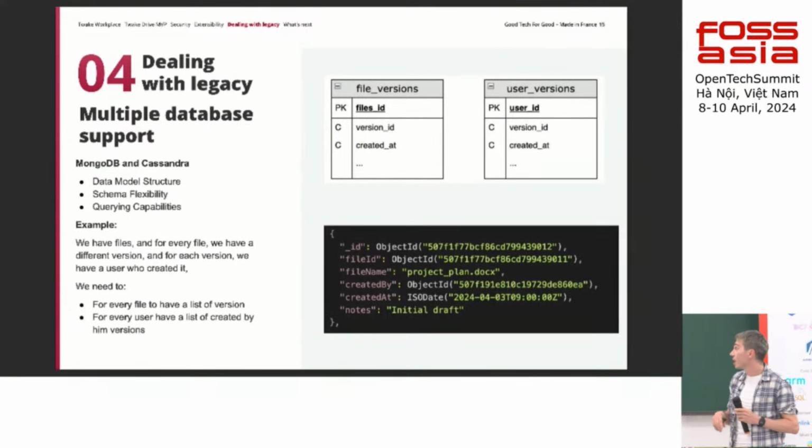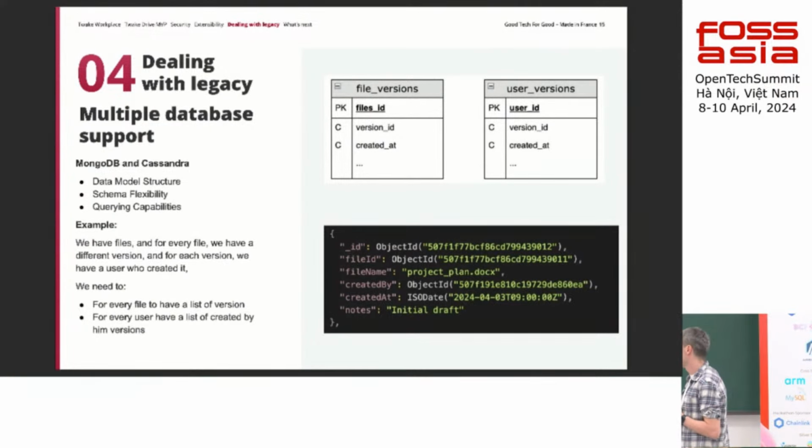But after that, you will need to do these optimizations, 100%. And in MongoDB, it's just one collection with file ID and created at fields. You can add indexes on these fields, and everything will work more or less well.